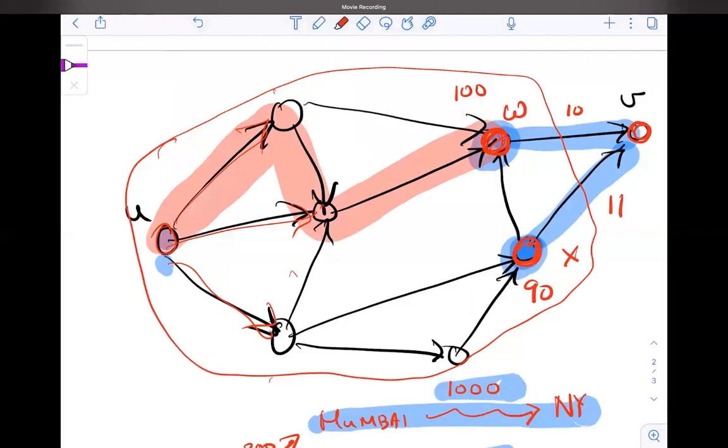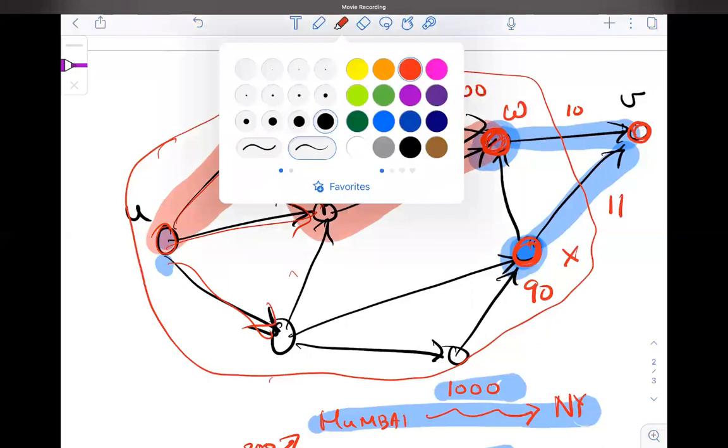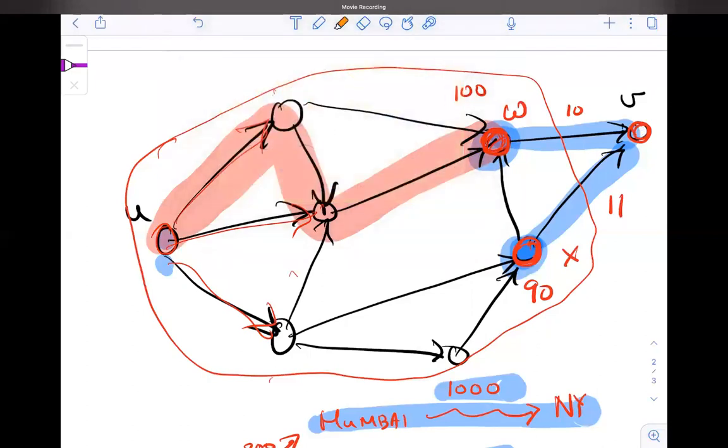And now there is also a path that X is reporting, a path like this that goes to X. That is 90. Now what does V do? Now V says that if I have to come from U, I have to enter through W, or I have to enter through X. I have to enter through one of these two.